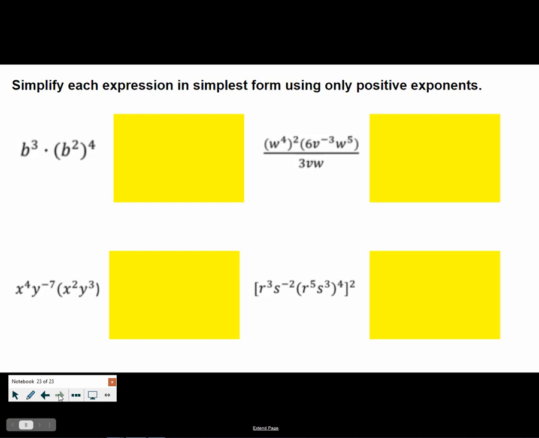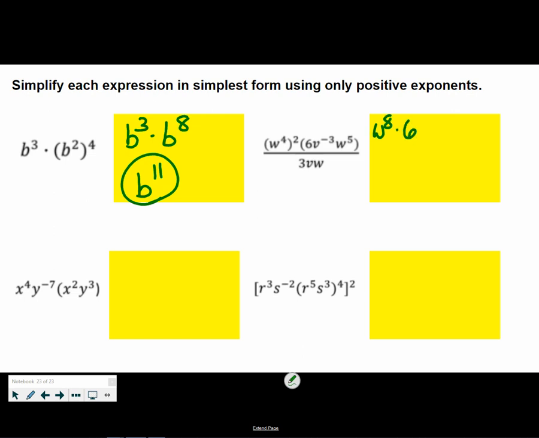Okay, these ones are kind of combining habits. So b to the 2nd to the 4th, because I do the exponent first, I have b to the 8th, so b to the 3rd times b to the 8th, or b to the 11th. For the next one, I'm going to do the power to the power first, w to the 8th power times 6b to the negative 3rd power, w to the 5th, over 3b to the w.